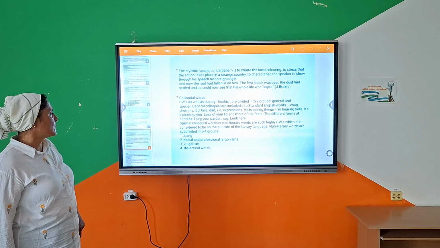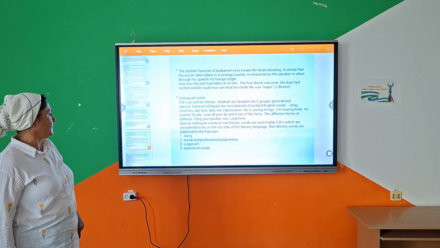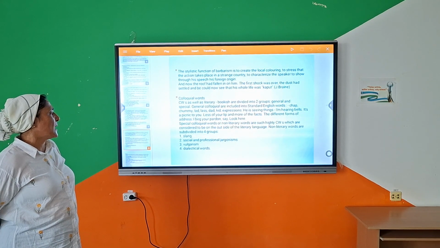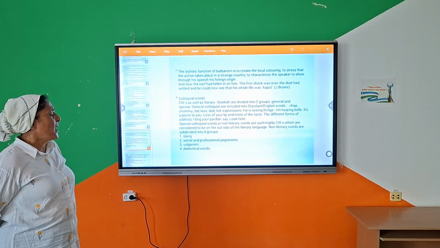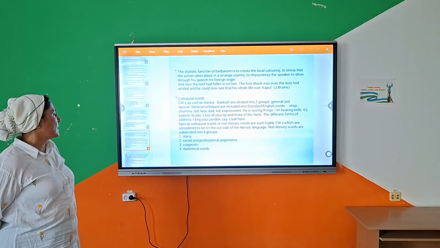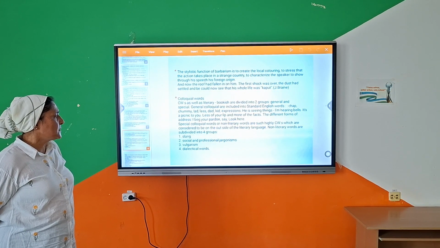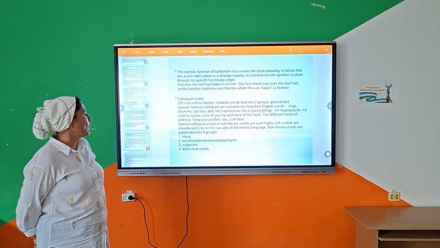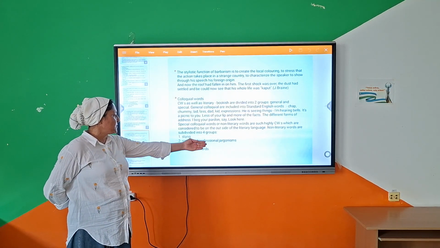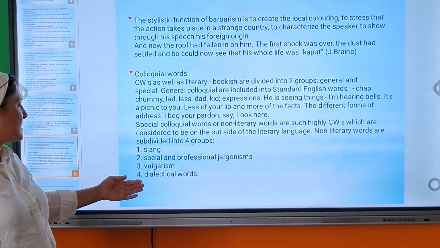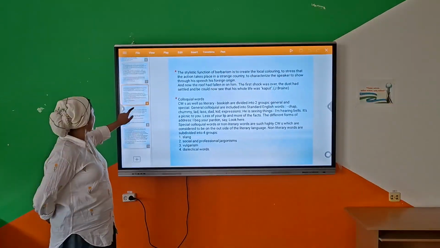Also the different forms of address, such as I beg your pardon. Special colloquial words or non-literary words are highly colloquial words which are considered to be outside of the literary language. Non-literary words are subdivided into 4 groups: slang, social and professional jargonisms, vulgarisms, and dialectal words.